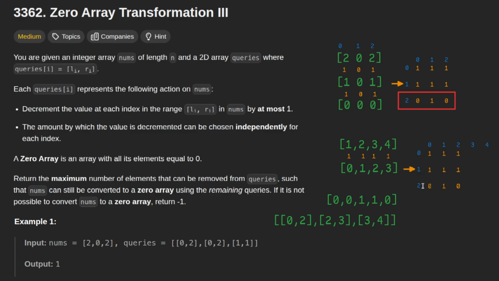And 0 1 2 3 4, right? And I am provided 0 to 2 for the first array. So here it is 0 to 2. For the second I am provided 2 to 3, so 0 1 2 3.